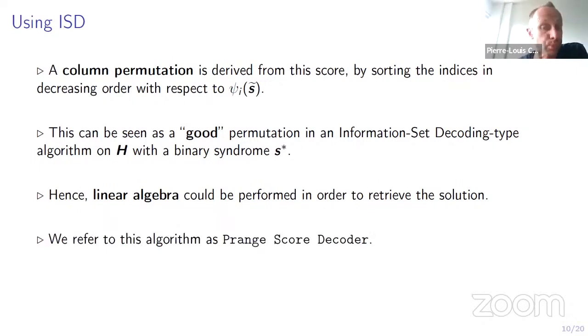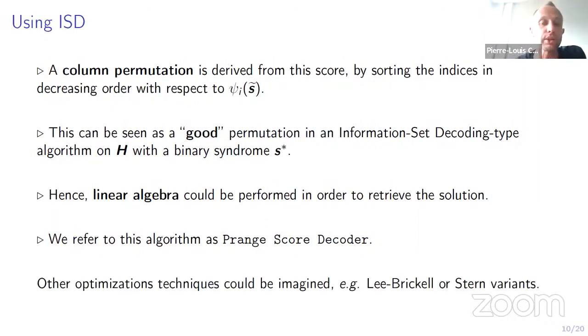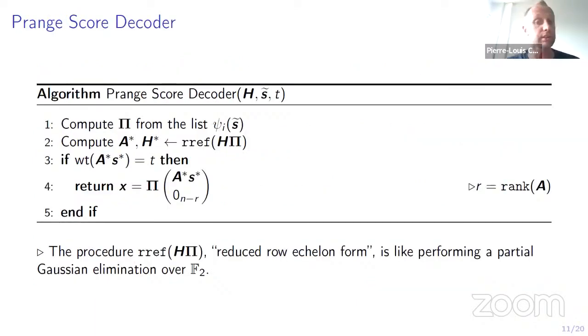We use the Prange algorithm because we don't need very fancy improvements of the information set decoding. We just need a Prange-like decoder, but we could also use techniques like Lee-Brickell and all the new variants. But the idea is always the same.